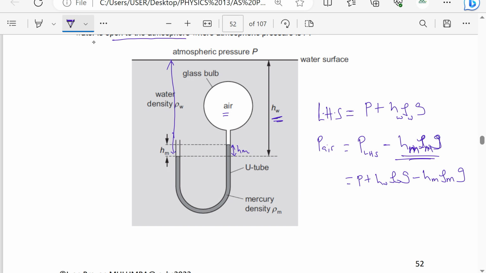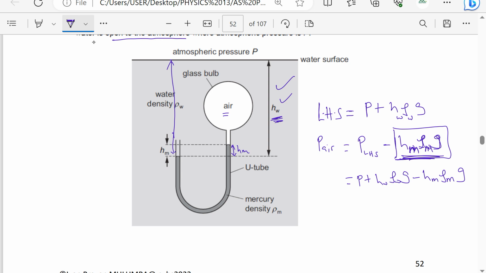There is excess pressure on the left-hand side than on the right-hand side, which excess pressure is given by this quantity here. So if I want to find the pressure due to the air, I must get the pressure on the left-hand side minus the pressure due to this quantity here. But the pressure on the left-hand side alone is atmospheric pressure plus the pressure due to the water, whose height is hW.